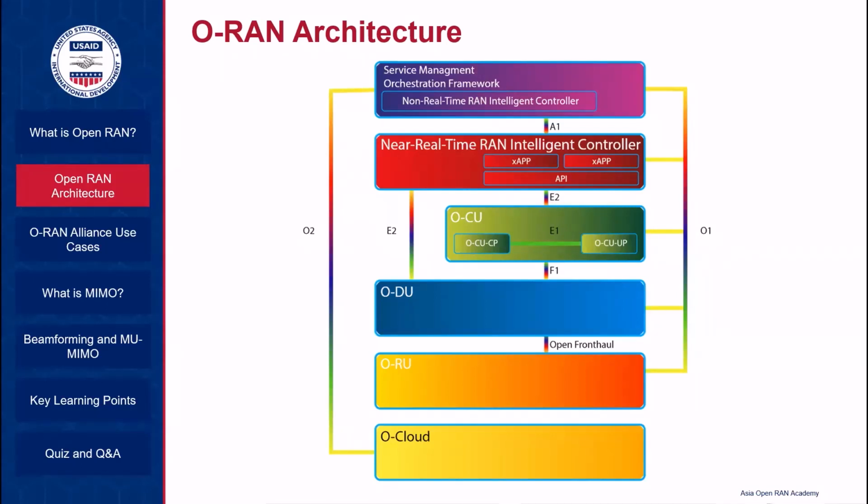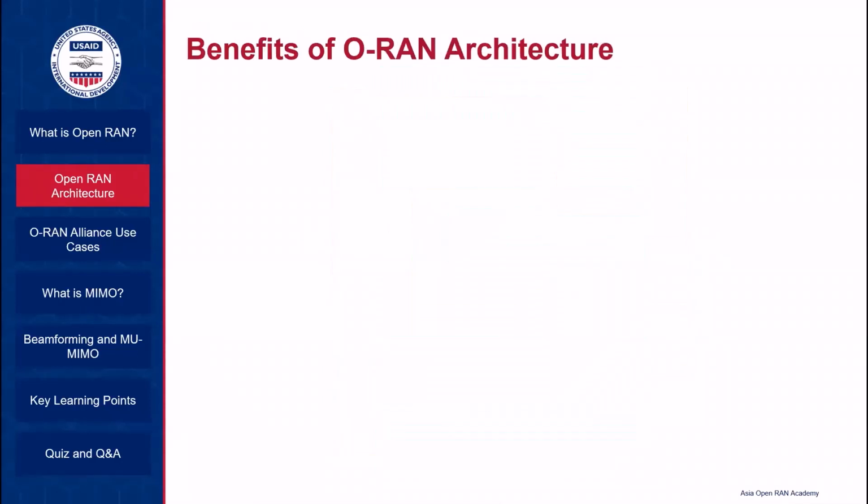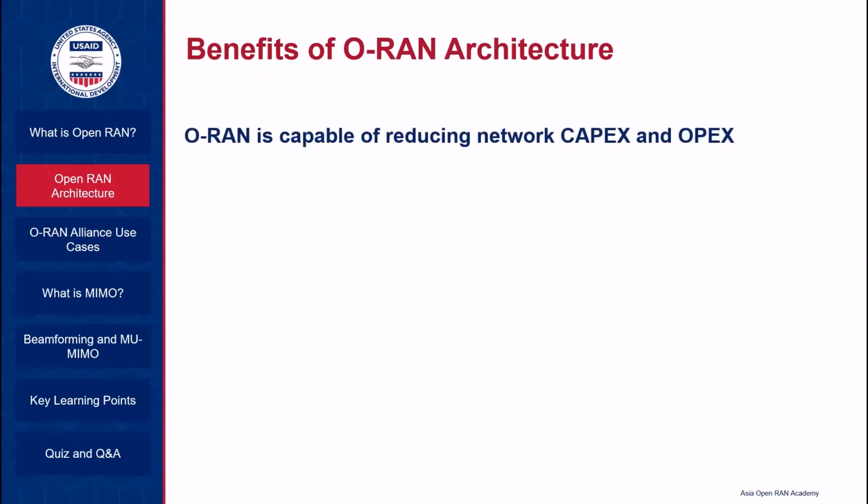And then pupunta tayo ngayon sa ORAN use case, ORAN architecture. Ano bang mga benefits ng ORAN architecture? Why do we need to implement yung ORAN architecture? So the benefits of ORAN architecture, number one, ORAN is capable of reducing network capex and OPEX. Okay. So yung mga interfaces niyan, ini-eliminate natin yung mga single factory.